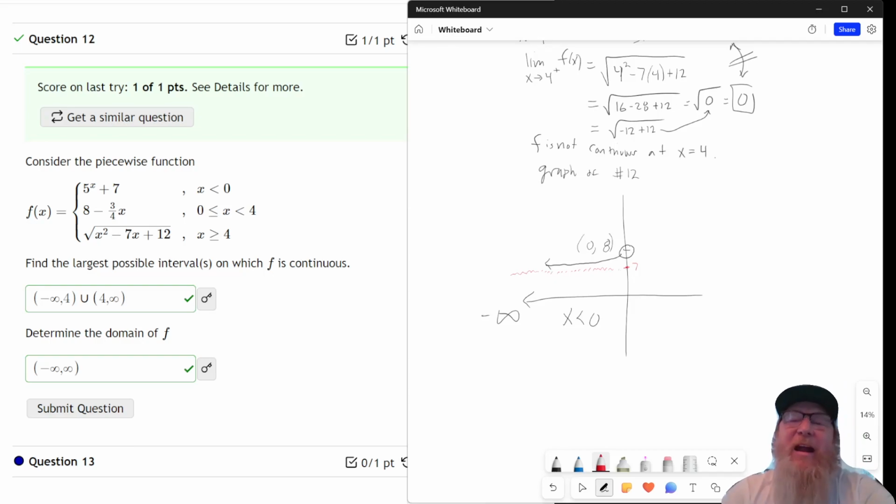This one would be very difficult to do with a computer. So you see that plus 7 is how high the asymptote is. All right, so it is going towards negative infinity, but it's never going to go below 7. And then right at 8, the hole gets filled in. And then you go all the way to 4, 0.